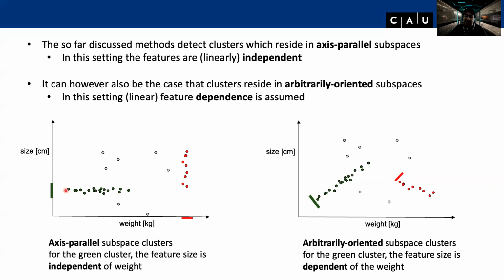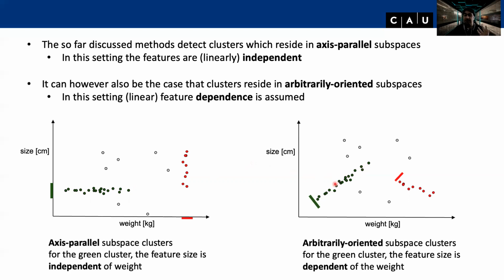Nonetheless, there may be cases where the clusters that we are looking for do not actually reside in subspaces which are axis parallel, which can be nicely mapped either to size or to weight, but in cases where, as you see here on the right-hand side, the clusters are in a subspace which is arbitrarily oriented.